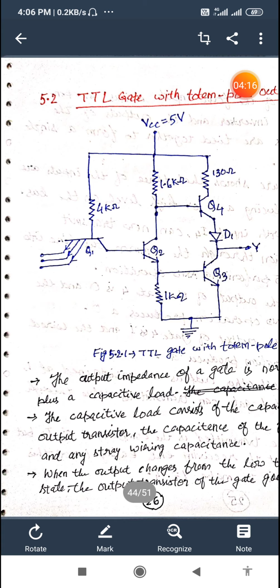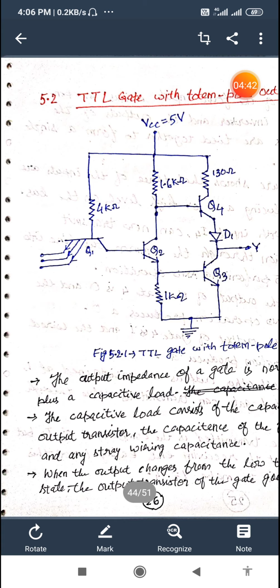Since the collector of Q2 is connected to the base of Q4, the available voltage is only 0.9 volt instead of the required 1.2 volt, so Q4 is cut off. The reason for placing the diode in the circuit is to provide a diode drop in the output path and thus ensure that Q4 is cut off when Q3 is saturated.